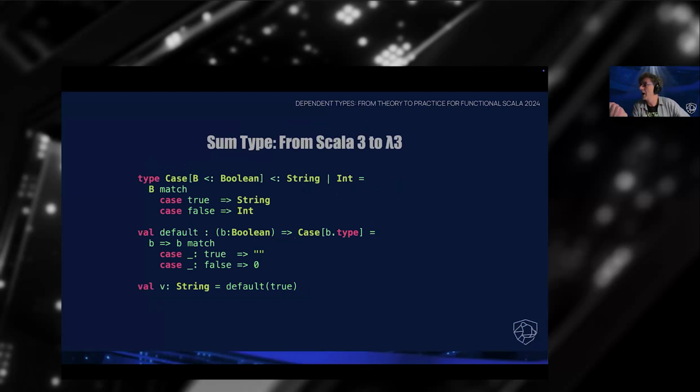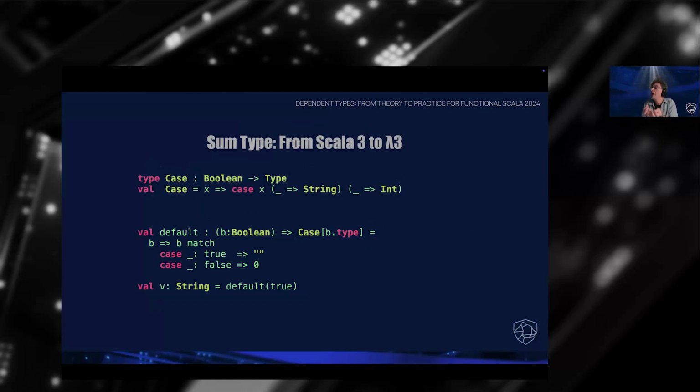So back to our example in Scala 3, we have the case with the type match, and as you can see, the case is expressed only on the expression level. But since expressions and types are merged, this can be easily rewritten using this small language, saying that case is a type from Boolean to type.